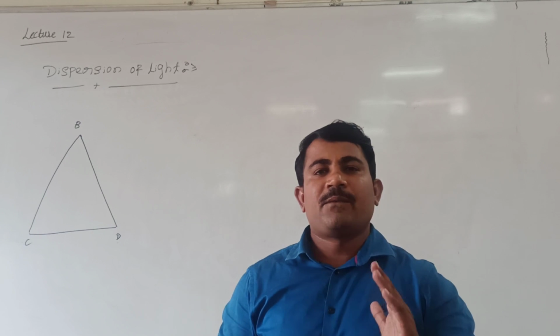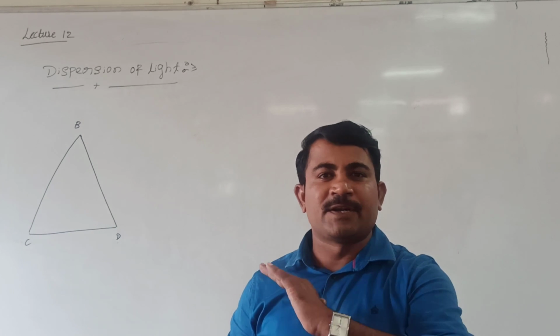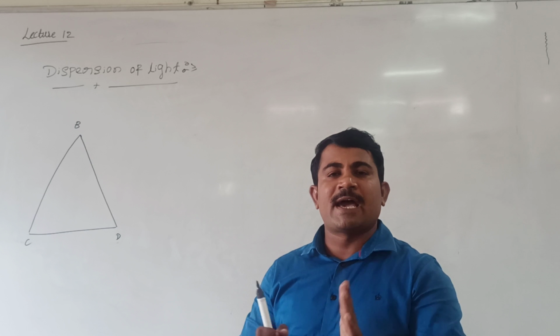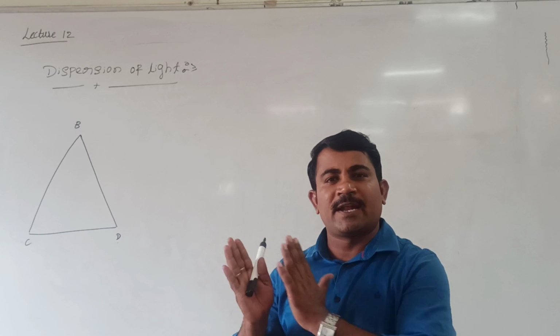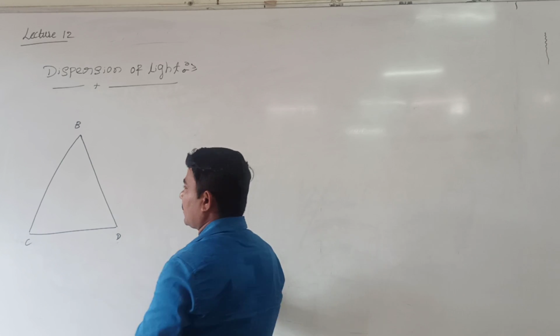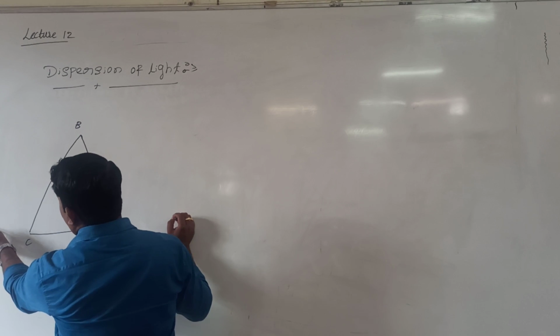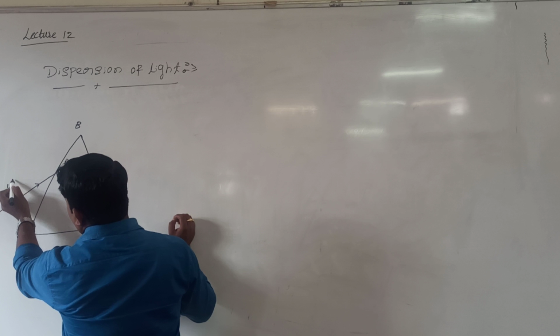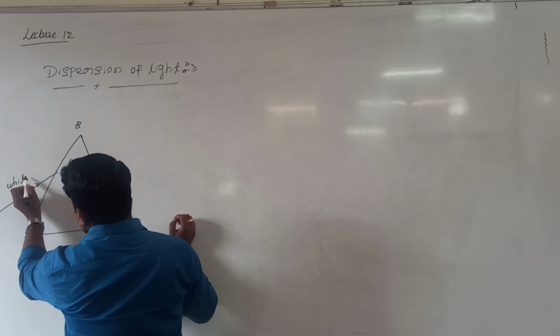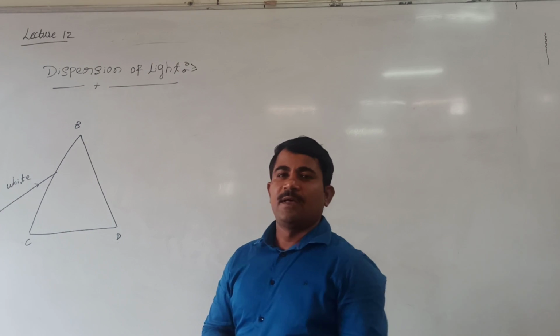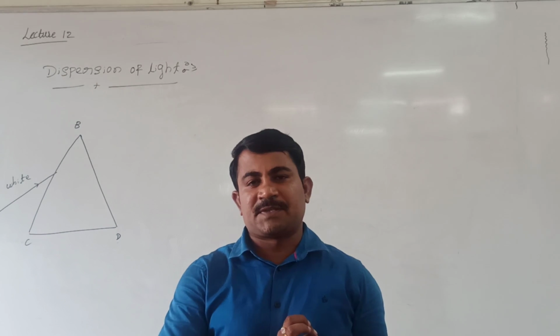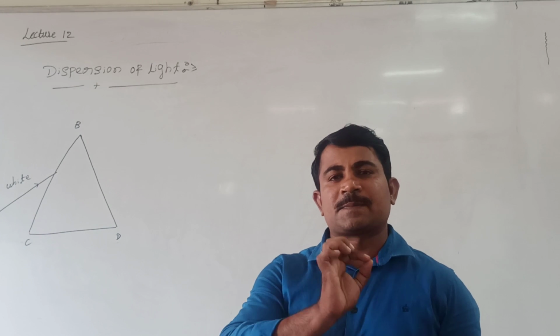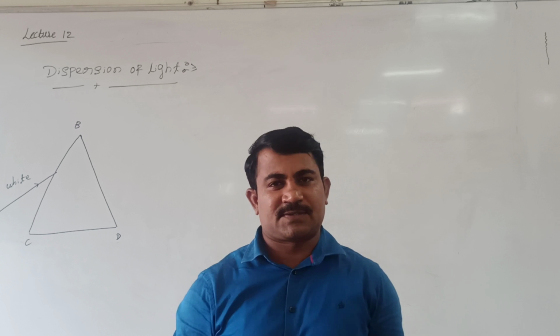Consider when a narrow beam of white light is incident on the prism. This is the narrow beam of light incident on the prism. This light we are calling white light. When white light is incident on the prism, the white light can split up into 7 types of colors.